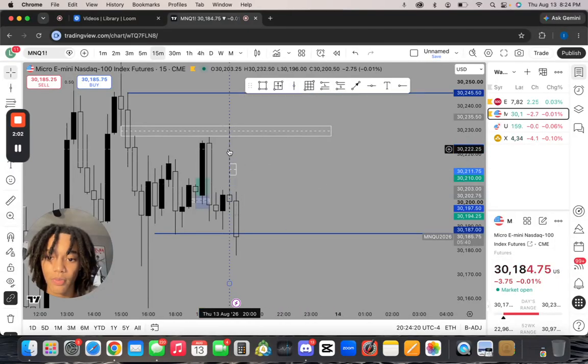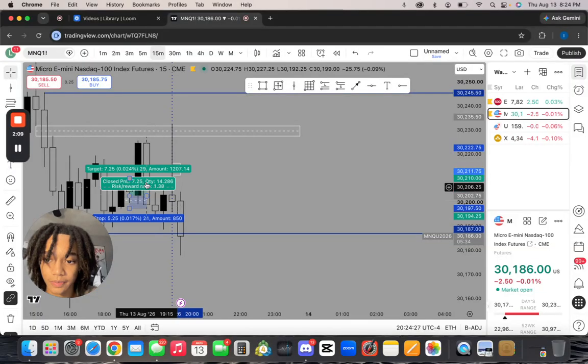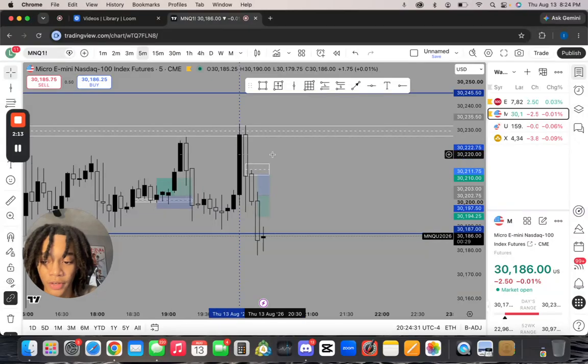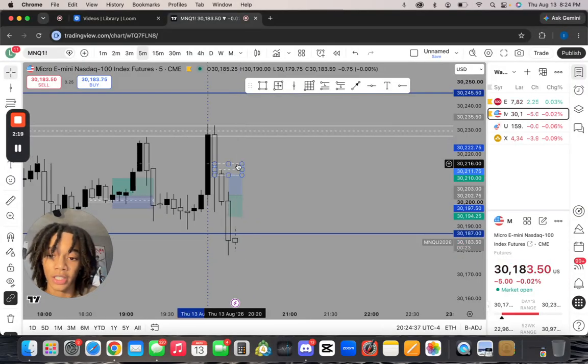Right here, prior to open for Asian session, we have this 15-minute fair value gap that was respected, and price respected this on the 5-minute twice previous to Asia session. At open, we see that this 15-minute fair value gap is respected immediately. Price comes up to it, respects it, and then dumps.